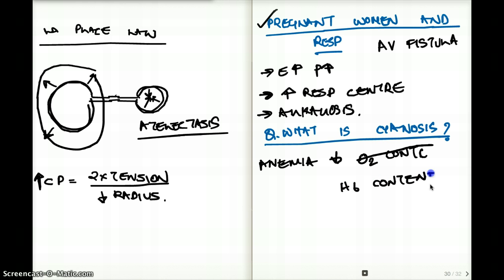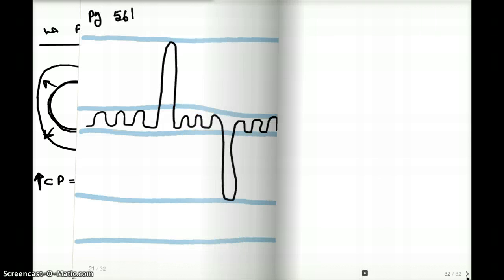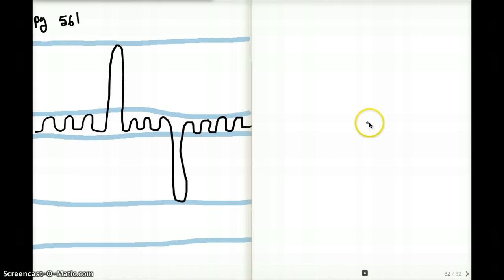And cyanosis is a decrease in oxygen saturation. Anyway, so that was my little bits and pieces of information here and there that I wanted to talk about. Now let's move on to our next topic on page 561, which is lung volumes.